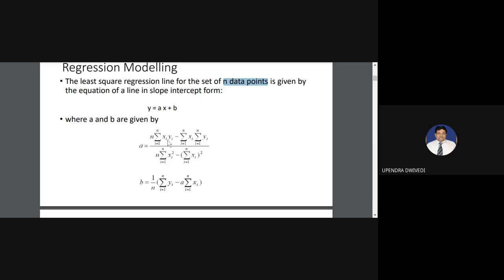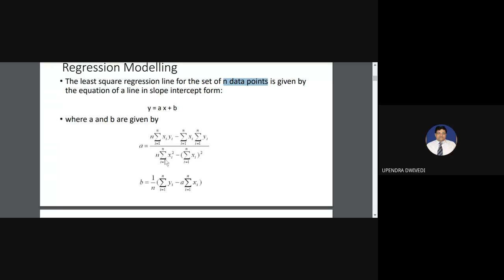So we multiply each x and y variable and take the sum of those, and multiply it by n. Then we subtract: we take the sum of only the x values up to n, multiply it by the sum of the y values up to n. We multiply both and subtract this section.